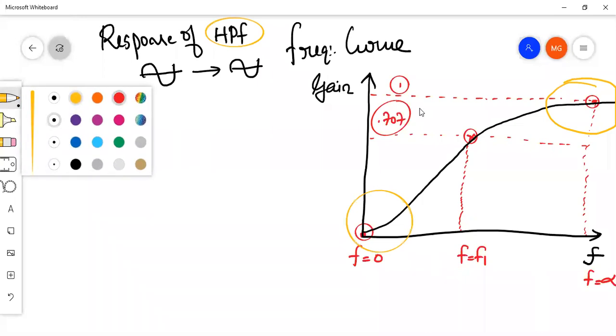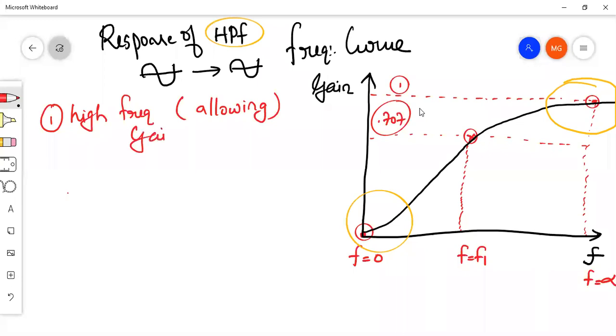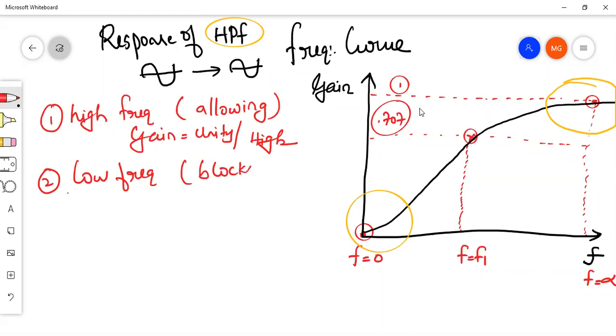The conclusion is 1: at high frequency it is allowing the signal, and the gain will be unity, or I can say gain is high. Second, at low frequency it is blocking the signal, or I can state that gain equal to 0 or gain is very low.